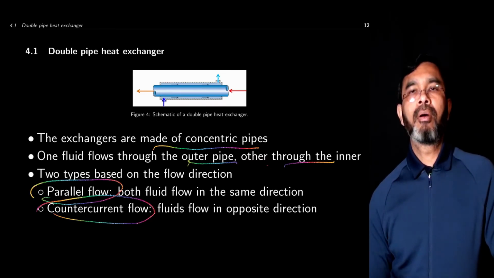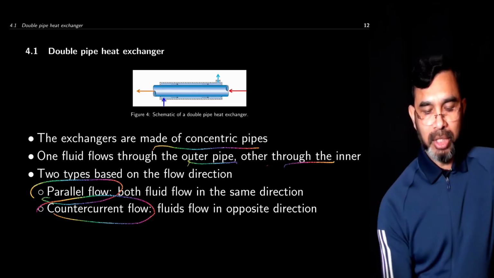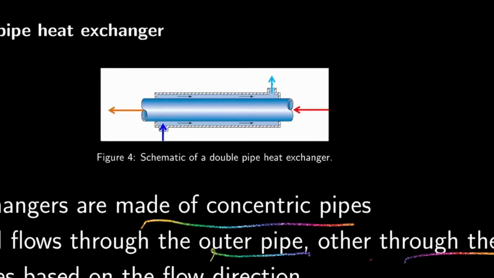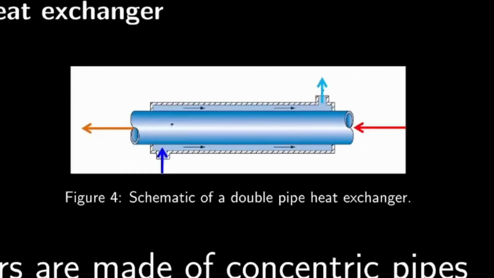In parallel flow, the streams go in the same direction. This one is an example of counter flow, meaning that one liquid is going in this direction while another liquid is going through this direction. If both liquids go through this direction, meaning if this stream was coming from here and going through this direction along with this one, that would make a parallel or concurrent flow.